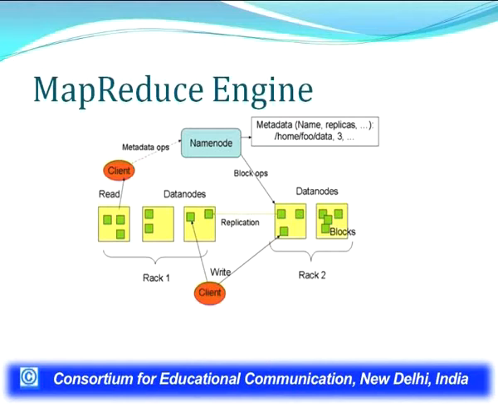You can see the replica of the data nodes in rack 2, where blocks are being created. So, the client, rack 1, rack 2, after reading and writing, you will get the exact detail. This is how a MapReduce engine works.